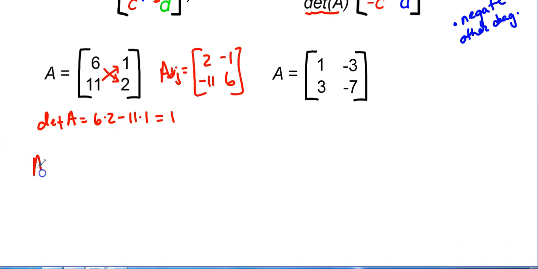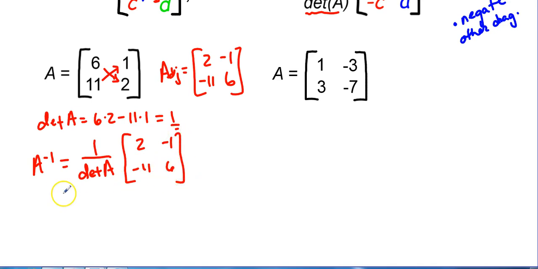In order to find the inverse, my inverse matrix is going to be given by 1 over the determinant of the original matrix, which I just figured out was 1, multiplied by the adjoint matrix, which is 2, -1, -11, and 6. Very simple computation here.